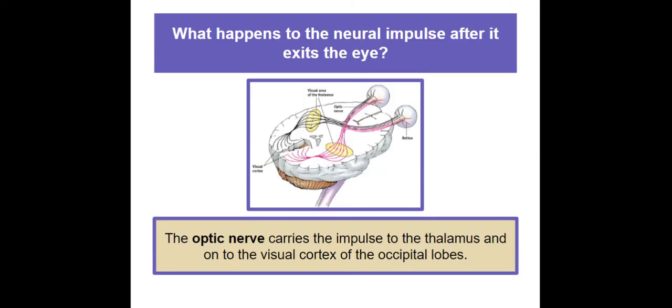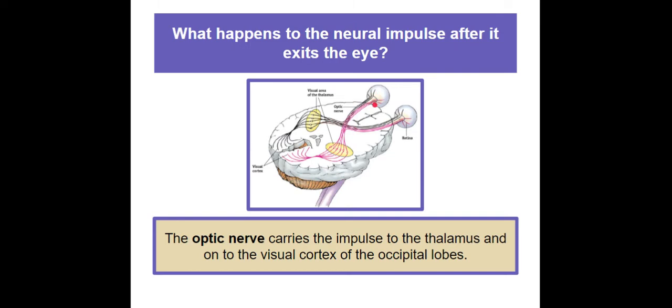So what happens to the neural impulse after it exits the eye? We talked about this a little bit when we talked about the hemispheres of the brain. If you'll notice, the left part of the left eye goes to the left hemisphere. The left part of the right eye goes to the left hemisphere.